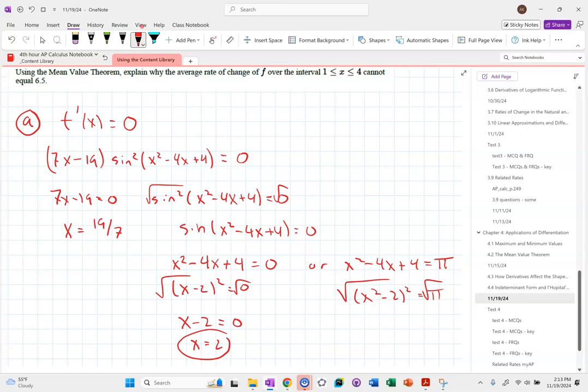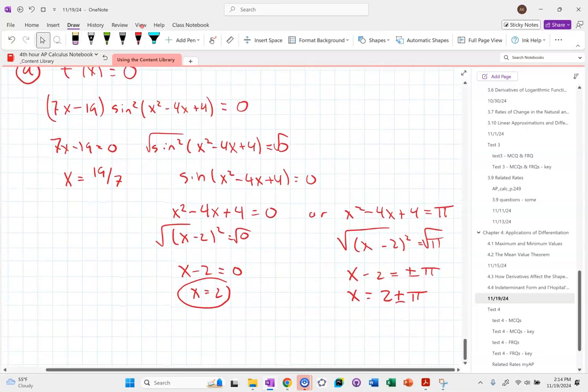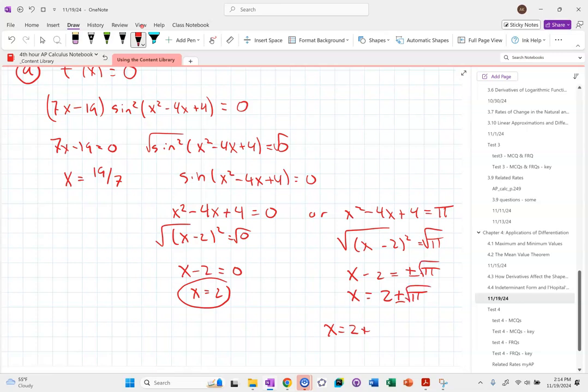Square root both sides. Now here I have to be a little bit careful, because when I square root both sides, I get plus or minus. So when I add the 2 over, I get 2 plus or minus the square root of pi. This pi is 3 point something, right?